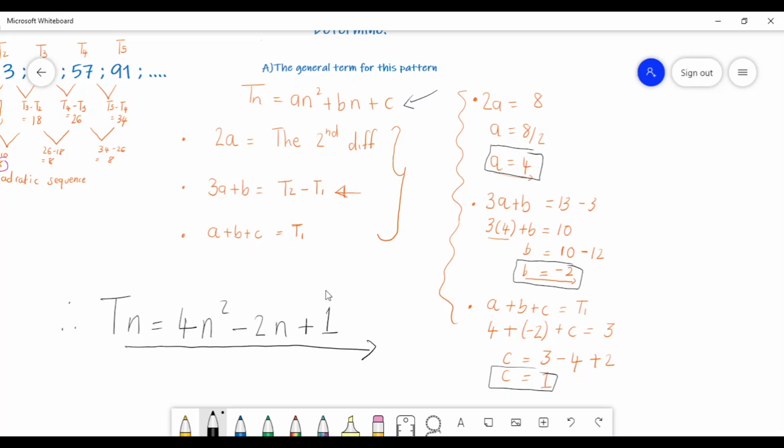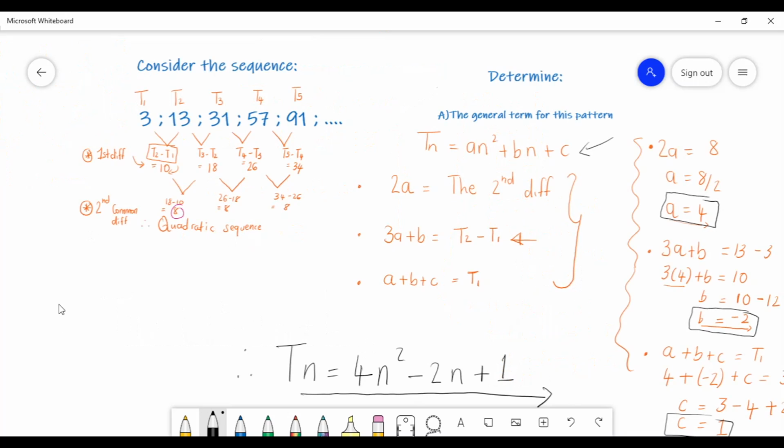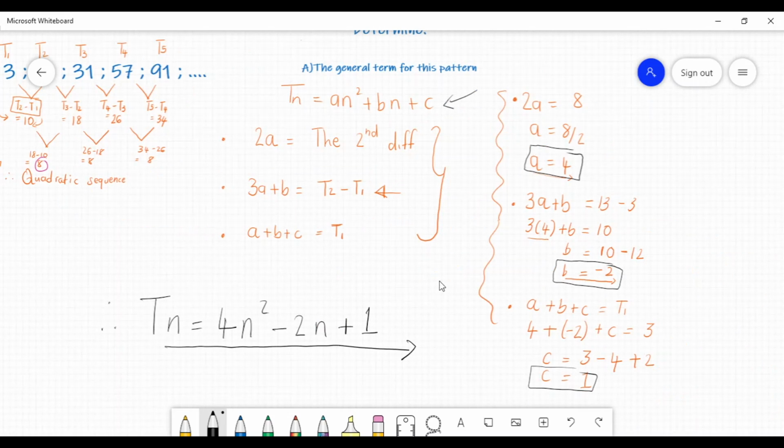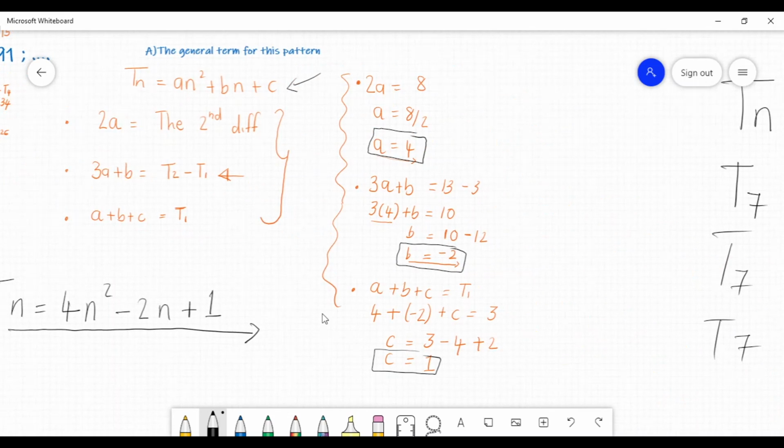Because once you have remembered that, then you can simply substitute using what is given to you and what you've calculated. It becomes easy. We found that our a was equal to 4, our b was equal to -2, and our c was equal to 1.